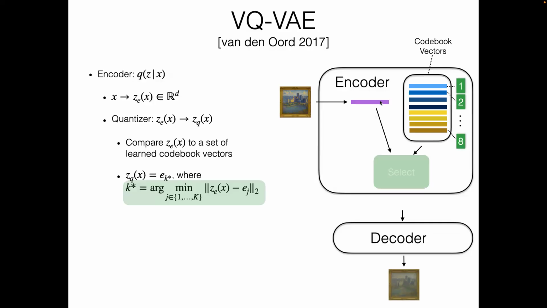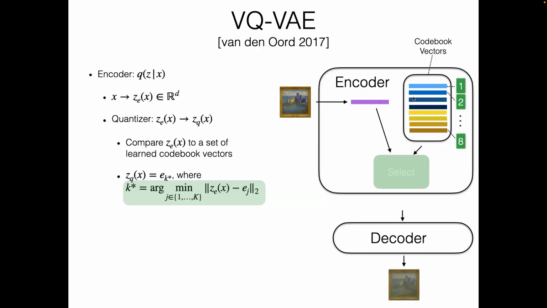Then the idea is you can do this lookup where you try to find, given the vector produced by the encoder, what is the closest vector in the codebook? So that's just writing this out here. You find the closest vector in terms of the L2 distance.